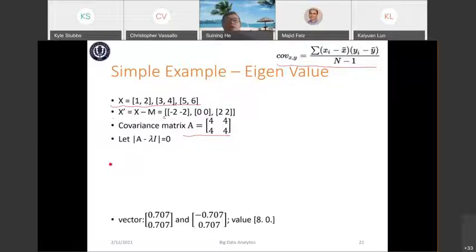That is, we take the determinant, which has 4 minus lambda and 4 minus lambda for the diagonal elements, because the identity matrix has 0 for all the off-diagonal elements. And therefore we have 4 and 4 here.